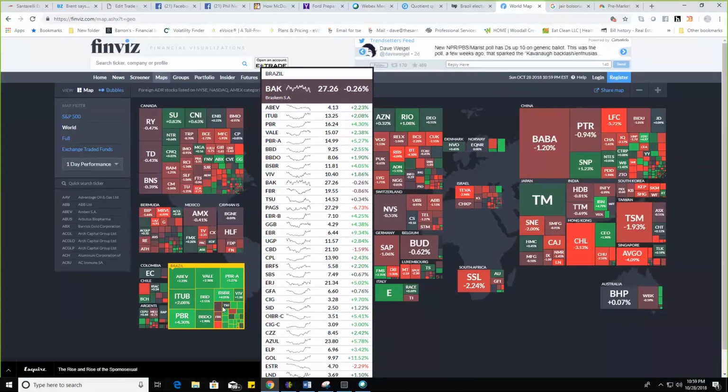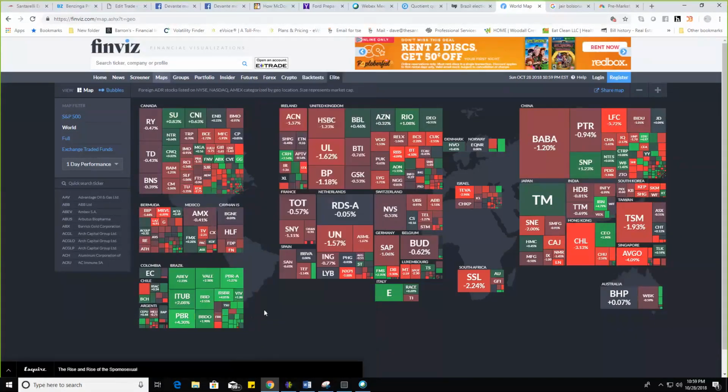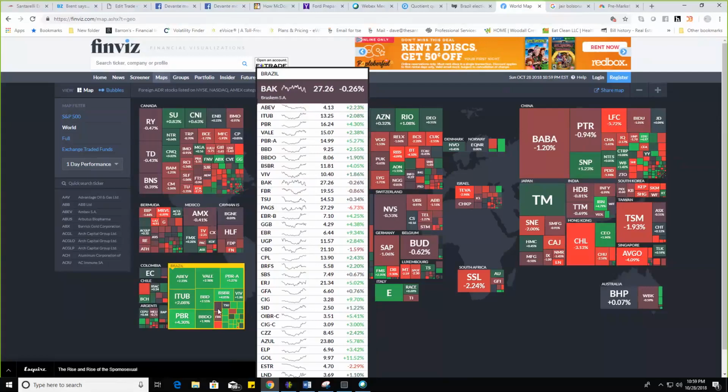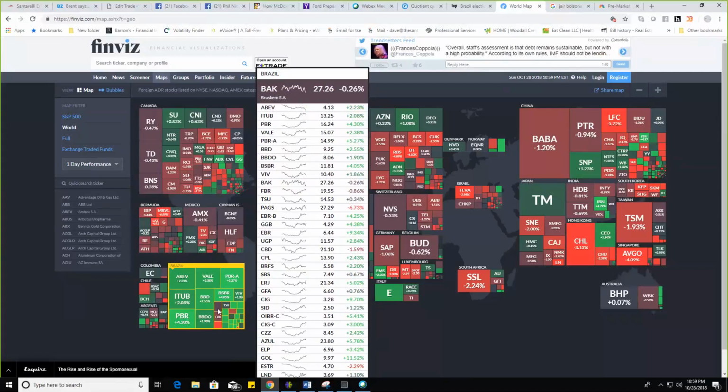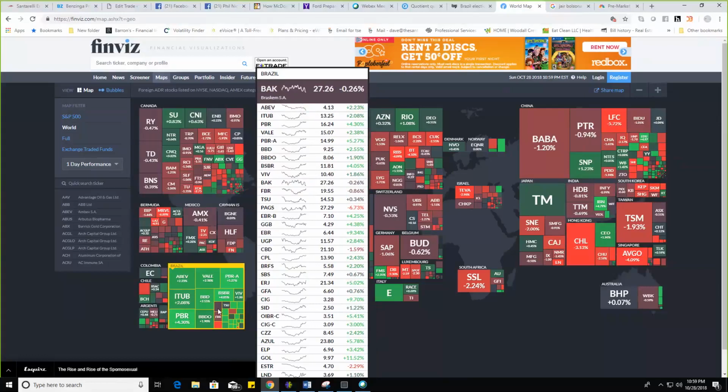And then take a look here, GOL. If you look at this list, go all the way down, third from the bottom. You see LND, ESTR, and then GOL. That's an airline out in Brazil, and they actually have flights for only $300 round trip from the United States to Brazil. It's incredible. Round trip, direct flight, only $300.